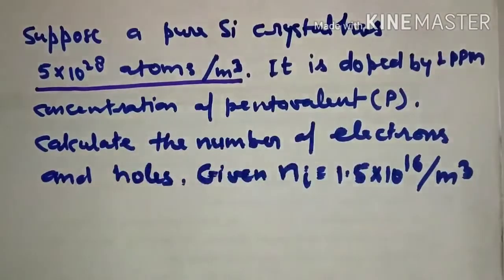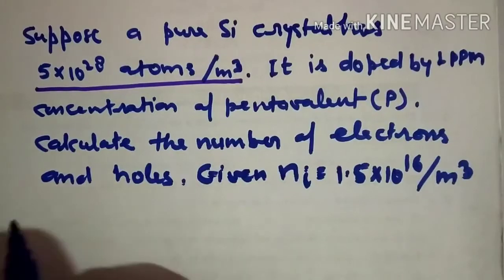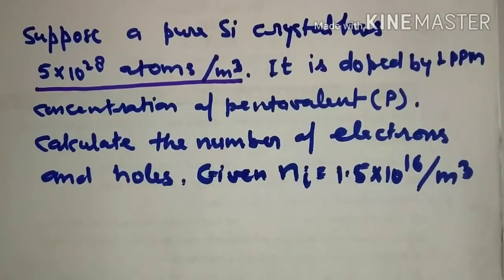concentration of pentavalent impurity. Just to remember, when a pure semiconductor is doped, then we obtain an extrinsic semiconductor. And when a pure semiconductor is doped by pentavalent impurity, then we obtain which type of extrinsic semiconductor? N type of extrinsic semiconductor.